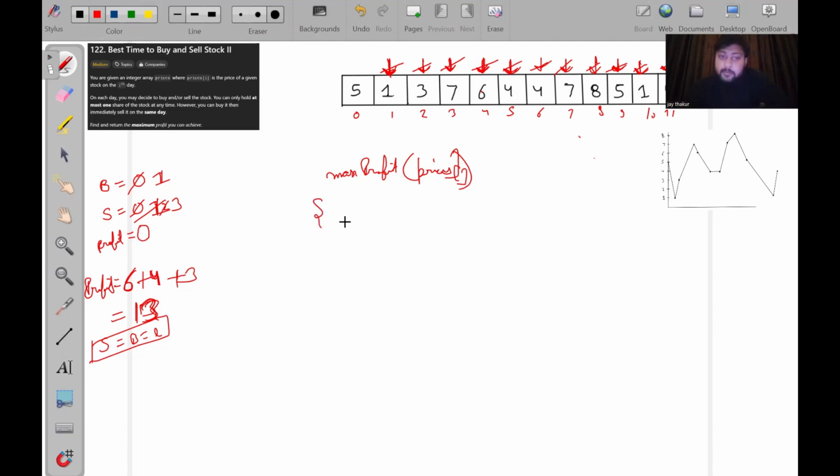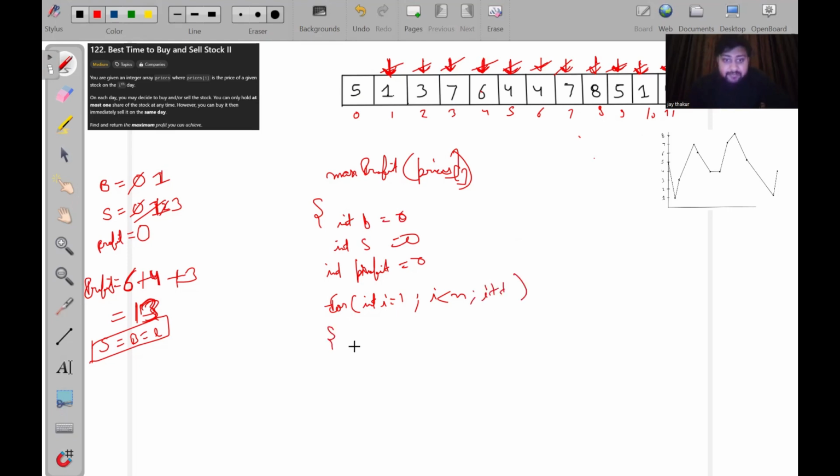So initially, we will take three variables: buying date, which is initially equal to 0, selling date, which is initially equal to 0, and profit, which is initially equal to 0. After that, we will start from index 1: for int I equal to 1, and we will go till I lesser than n, where n is the length of this array, and I plus plus.